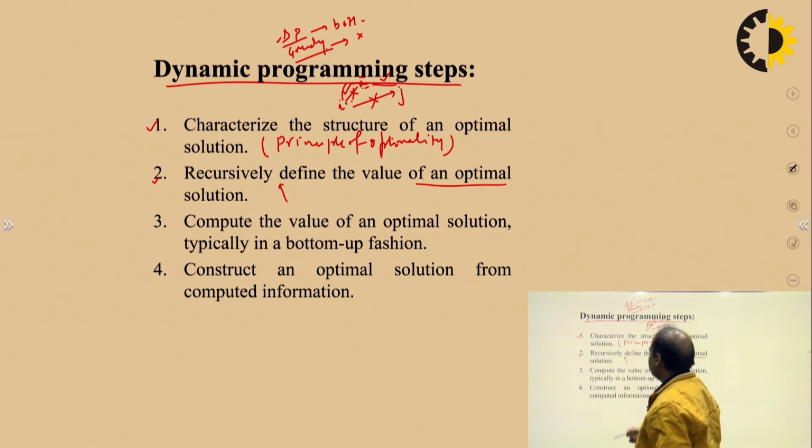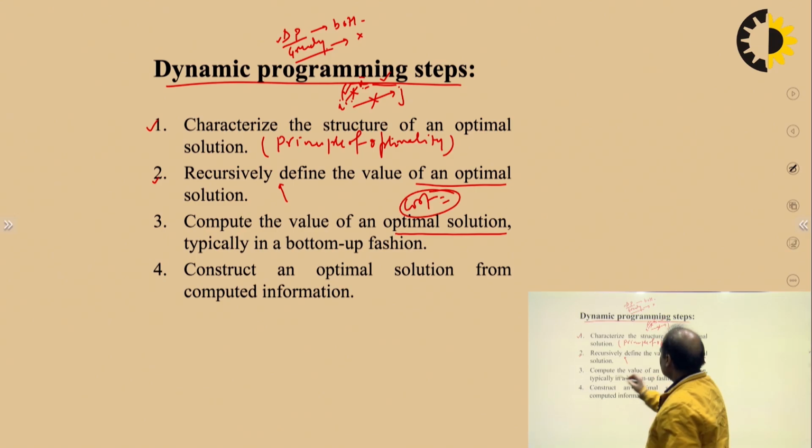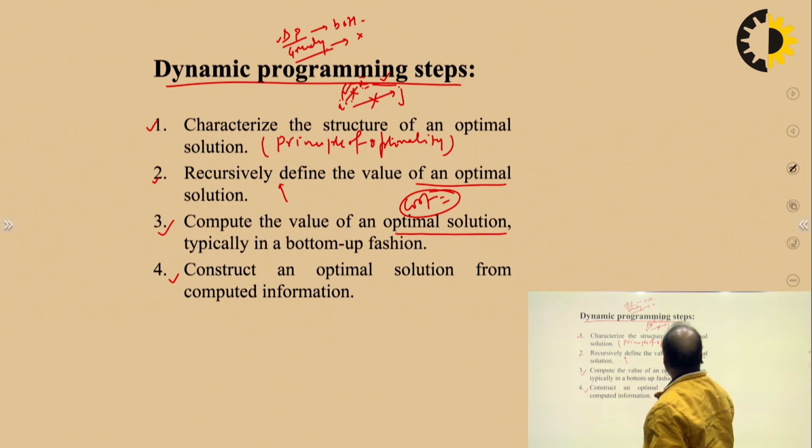Then third is to compute the value of an optimal solution. Here in the TSP, it will be the cost of the optimal salesperson tour, and this is computed in the third step. In the fourth step, you have to construct the solution such that its cost is this cost. The fourth step is just giving the solution from the computed information.